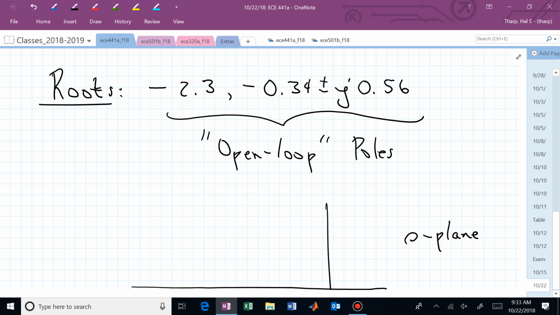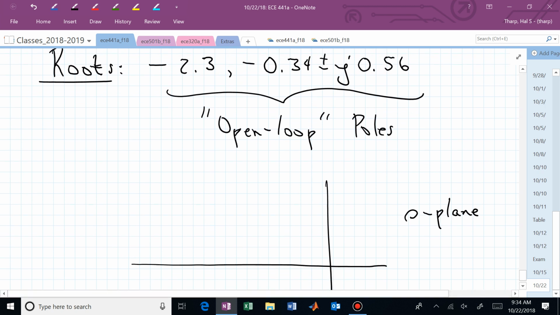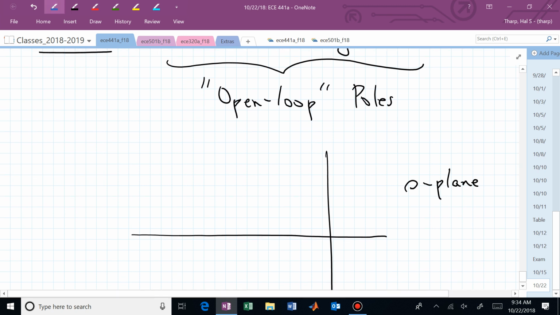We have one that's real at minus 2.3 and two x's that are complex conjugates. Let me now try to sketch those. So we have one pole at, well, let me do the complex ones first. Minus 0.3 plus and minus j 0.5. Let's say that's where those are.